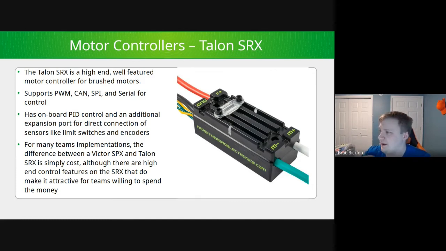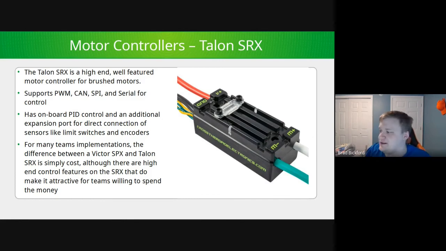The nice thing about the SRX is that not only does it have onboard PID control, but it has its own expansion port, so that you can actually connect sensors directly to it and have the controller inside the motor controller read those sensors and perform motor-based actions based on those sensors. For many team implementations, the difference between an SPX and a Talon SRX is simply cost.